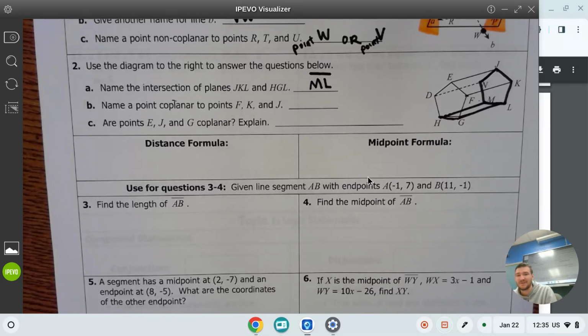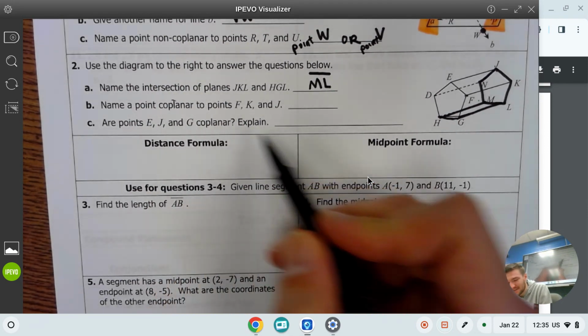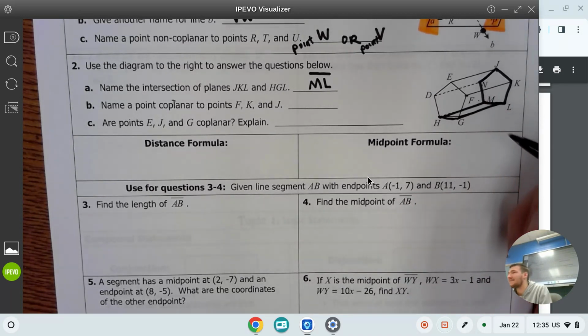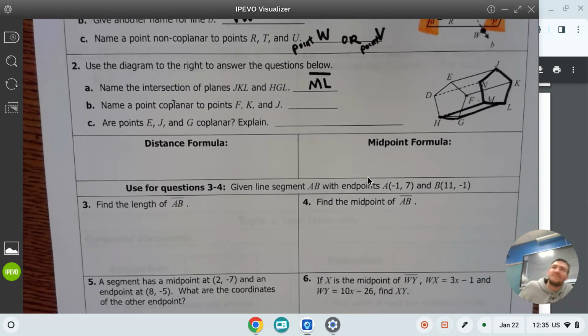Somebody phoning a friend trying to figure out a point on coplanar. Anybody know a point that's coplanar? Surely somebody can. We good? Shania's?